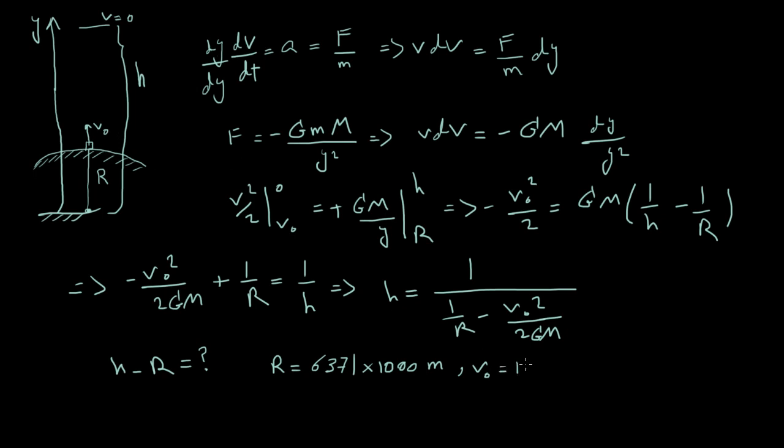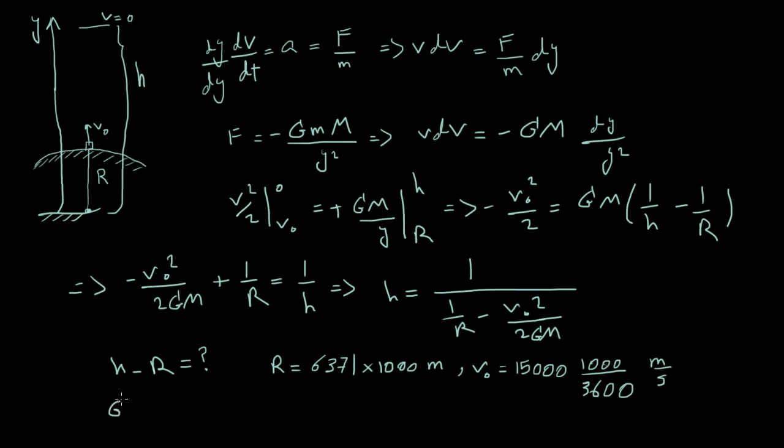It's 15,000 kilometers per hour. So we need to convert it to SI units. So a kilometer is again 1,000 meters, and an hour is 60 minutes times 60 seconds, so it's 3600, and it's meters per second now.